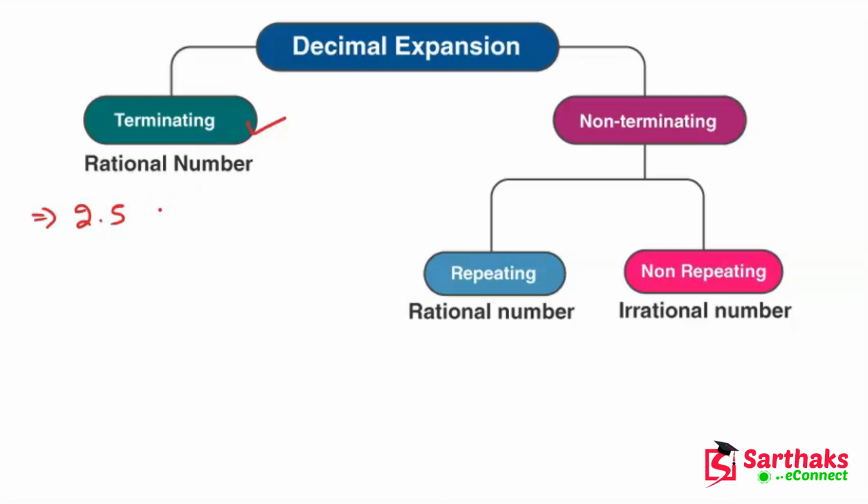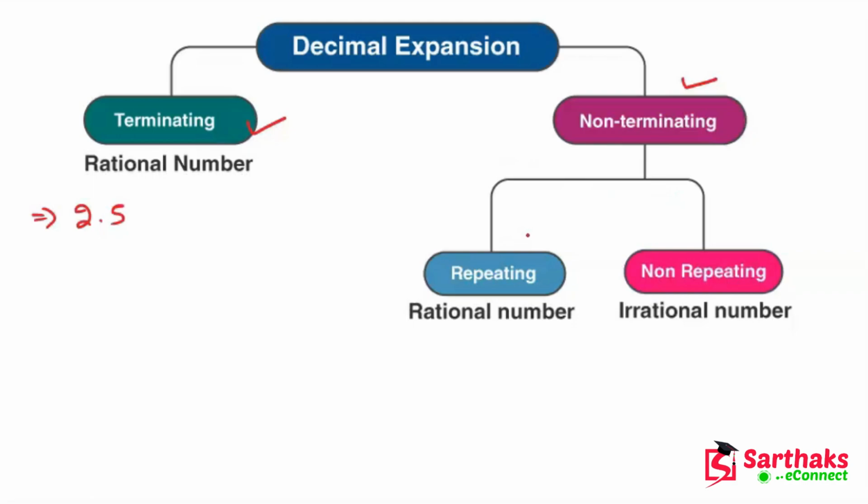So we can say that if the decimal expansion of any number is terminating, then this is a rational number. Or we can say that the decimal expansion of a rational number is always terminating. Now the second case is non-terminating.